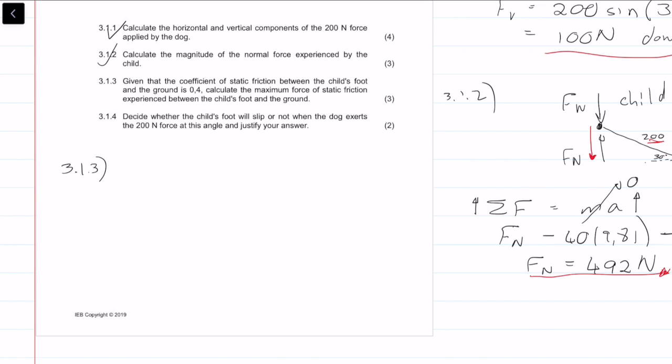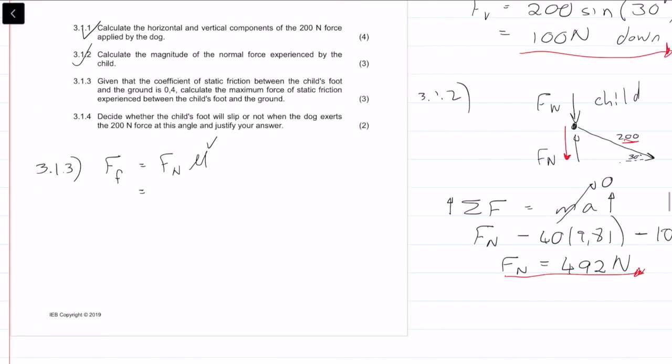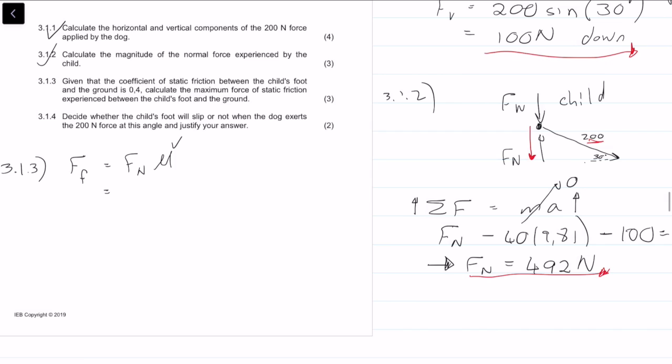Okay, 3.1.3. What is the formula for our frictional force? Our force friction is equal to our force normal times mu. Okay, we know the value of mu and we just calculated the normal force, so we just need to substitute those values in and we get 492 times mu of 0.4, and the answer is 196.8 newtons.